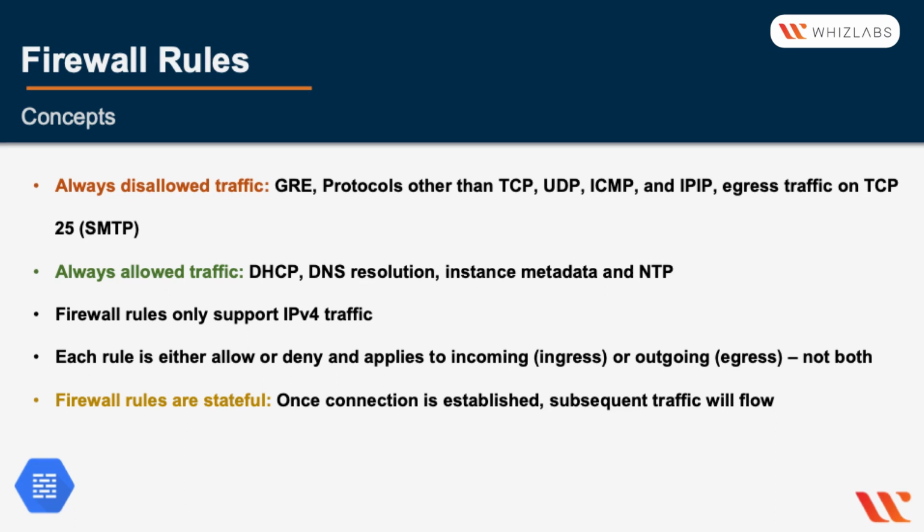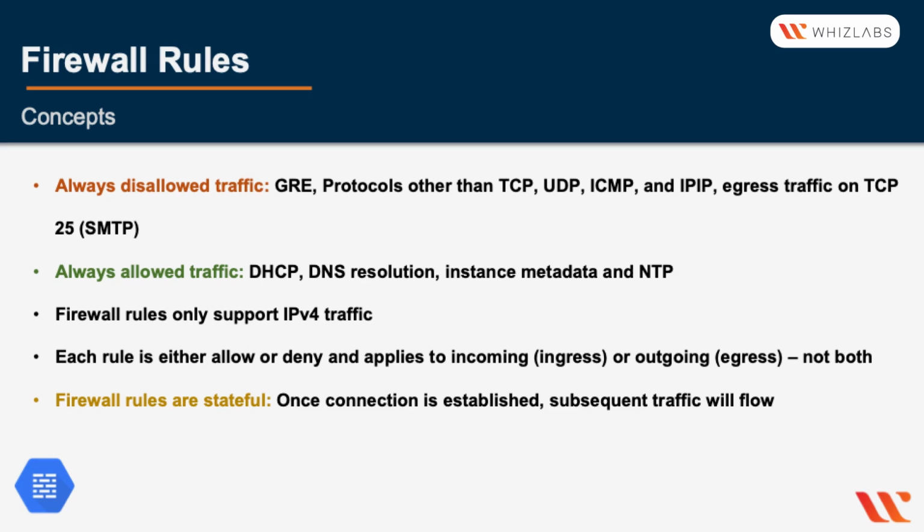Protocols other than TCP, UDP, ICMP, AH, ESP, and SCTP to external IP addresses of Google Cloud resources are blocked. Depending on the type of resource you use, there might be even more limitations. For example, a network TCP/UDP load balancer only supports TCP and UDP.